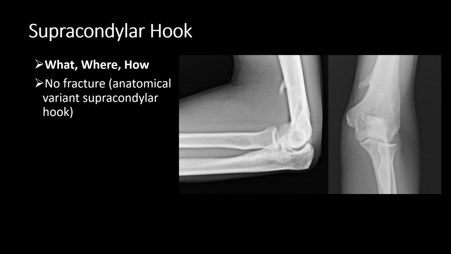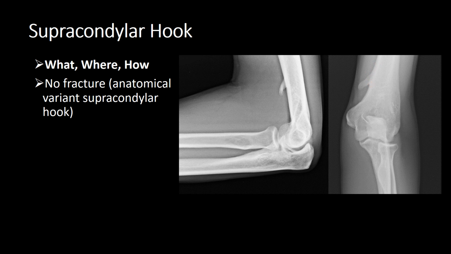Supracondylar hooks are noted on the anteromedial aspect of the distal humerus. These spurs point inferiorly, and if you look carefully, you can identify that the exostosis cortex is contiguous with the host bone.